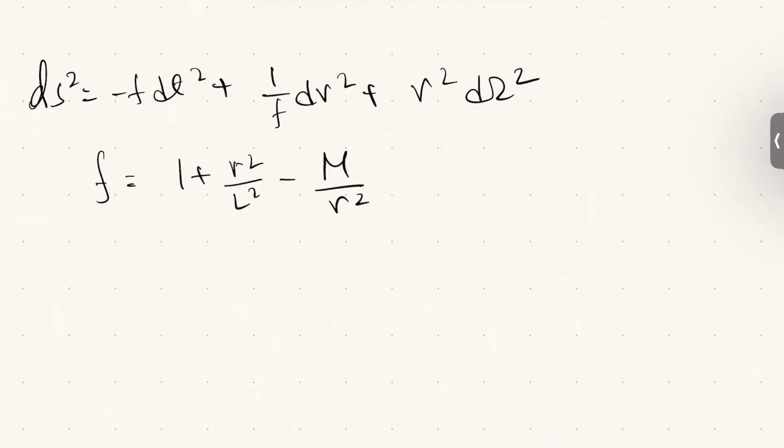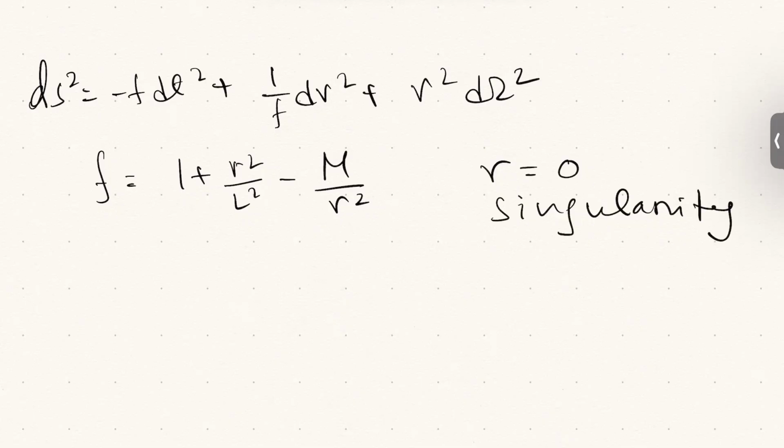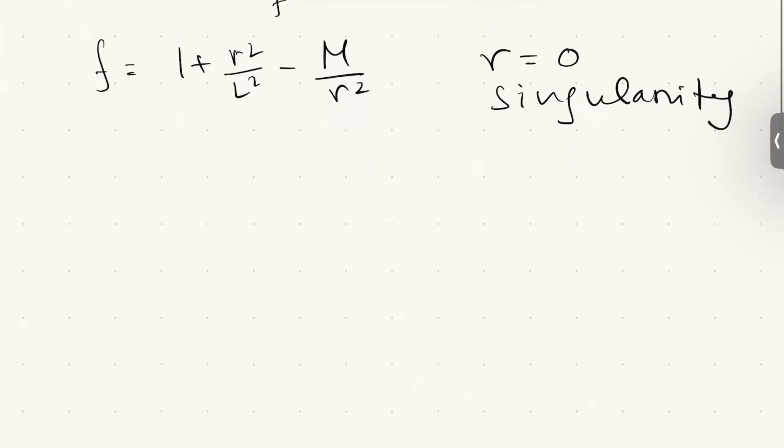Yeah. So this is a metric for a black hole, right? And you know that at r equals 0, we have a singularity, right? And the metric I wrote is a black hole in anti-de Sitter space. Okay. So the Penrose diagram for a black hole in anti-de Sitter space is kind of like this.